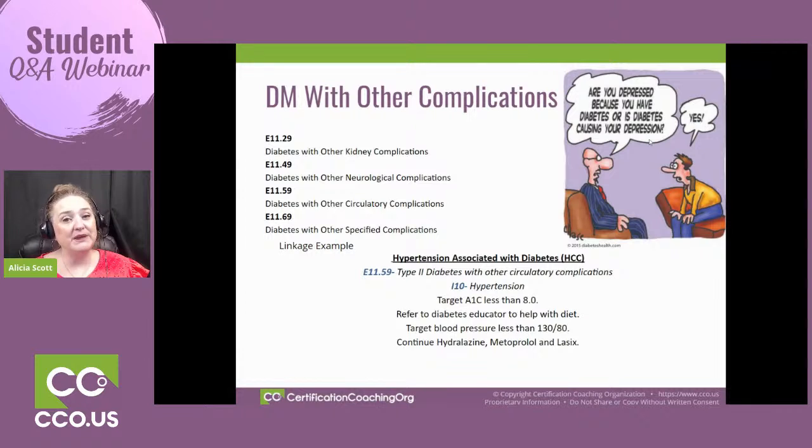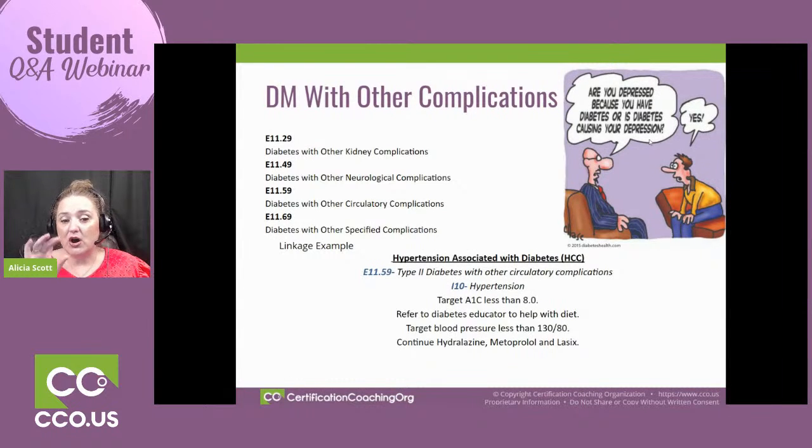Now, this could be things like neuropathy. That's going to be your more common polyneuropathy. E11.5 is circulatory complications, and E11.6 is other specified complications, and that's why .65 falls under hyperglycemia, right? And hypoglycemia.